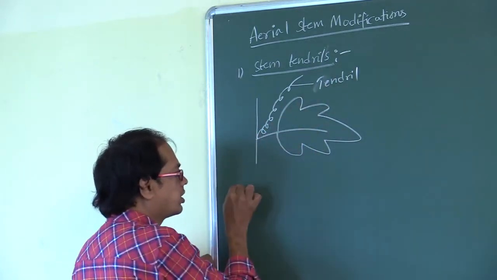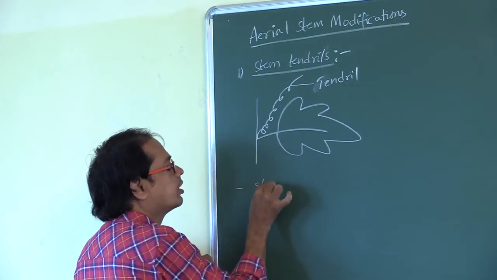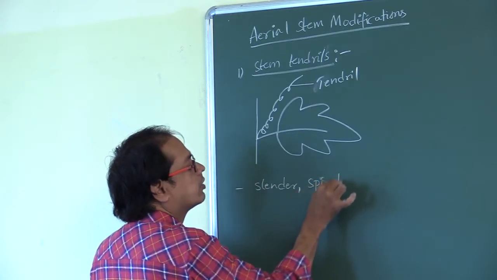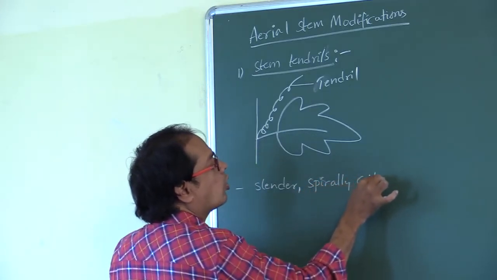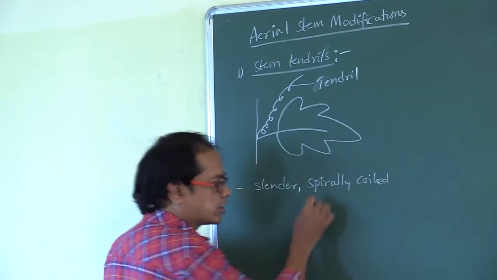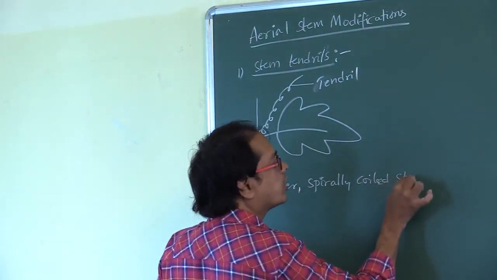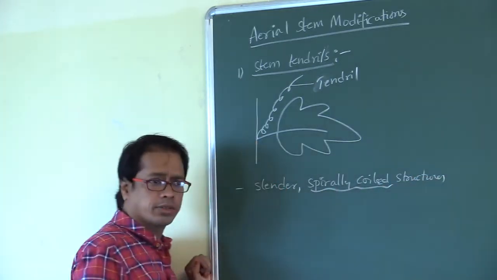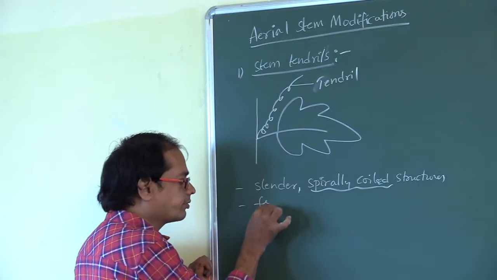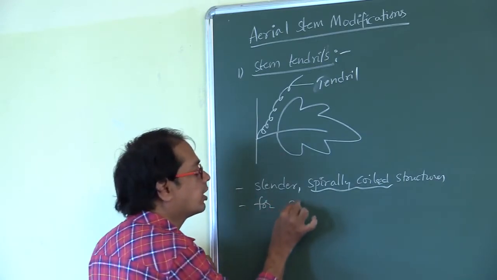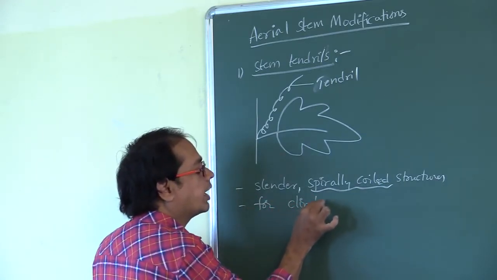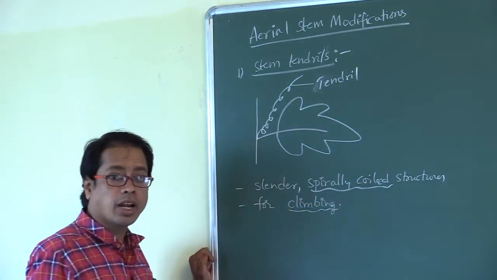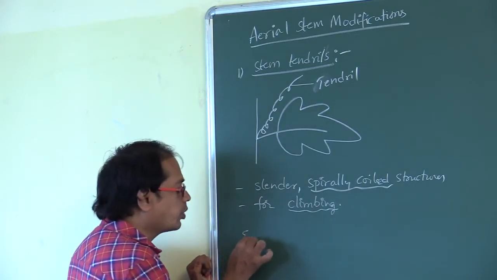Tendrils are slender, spirally coiled structures. These are useful for climbing.